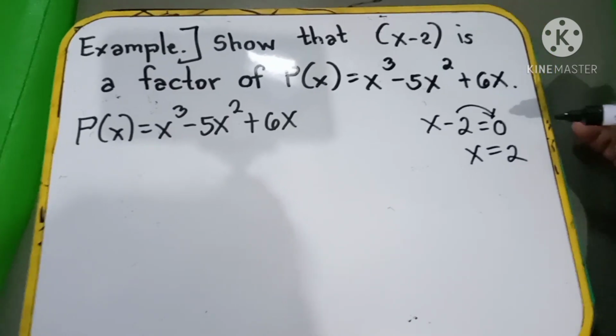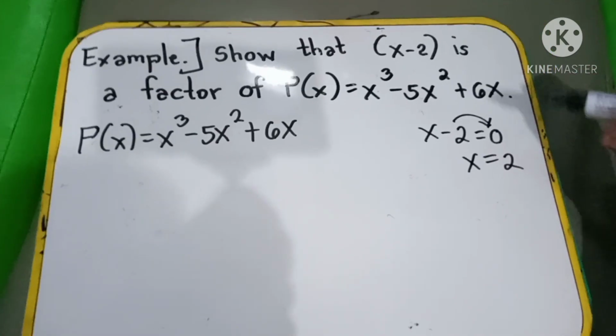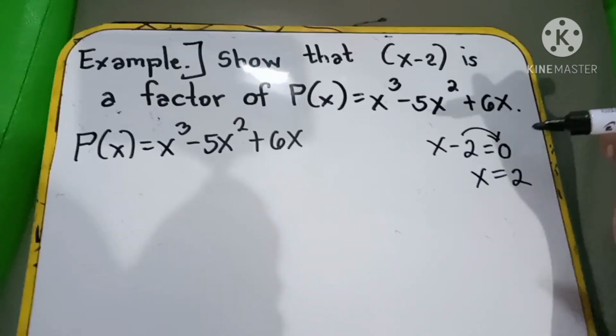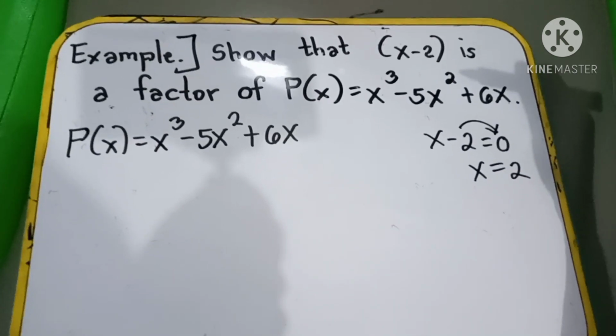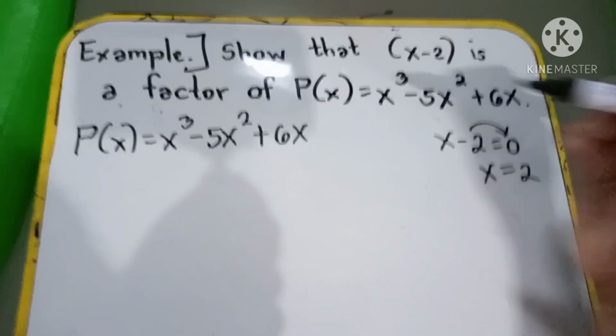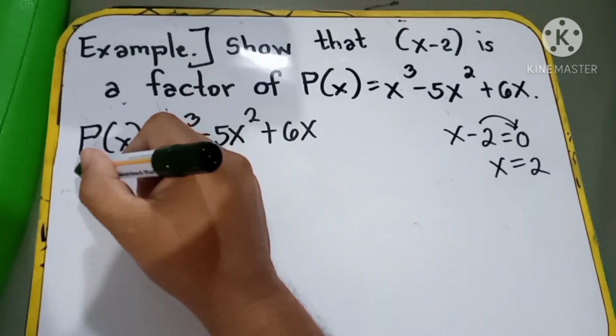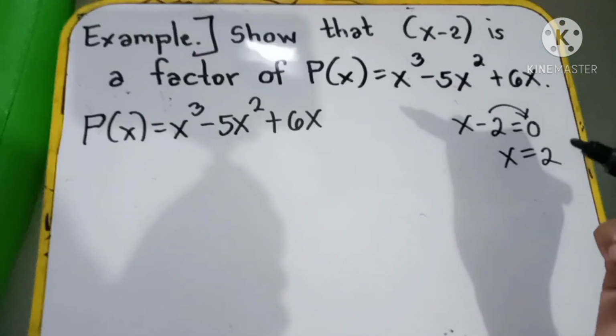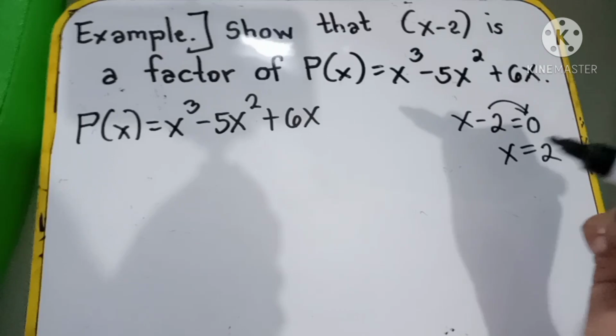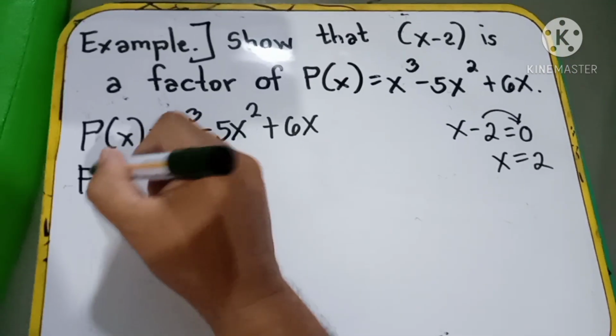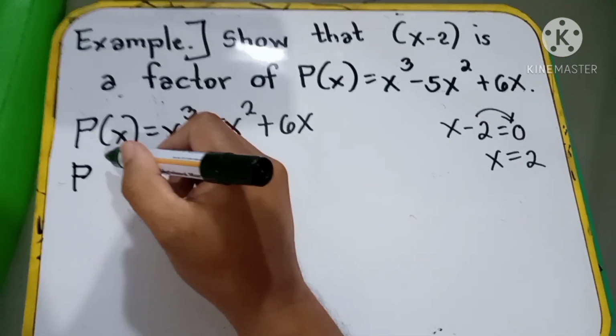Okay, so we're going to substitute 2 to all of our x's in the polynomial. The polynomial p of x is equal to x cubed minus 5x squared plus 6x. So we're going to substitute the value of x to all x's.